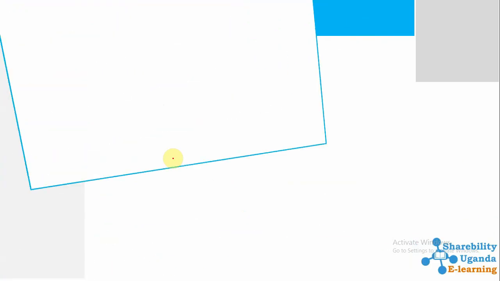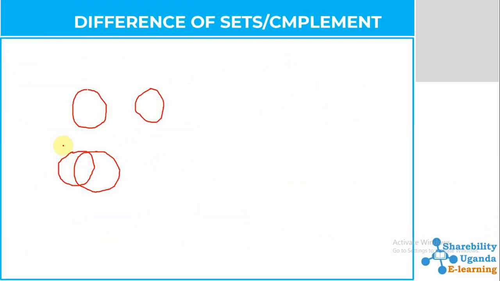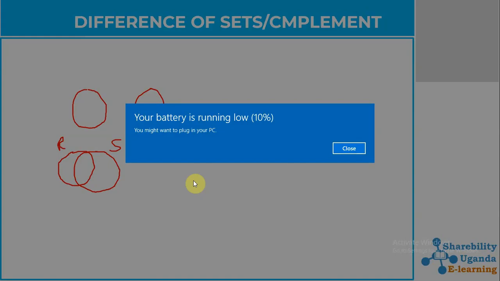Our set R and our set S. This is going to be our R, and this is going to be our S. Now we want to look at the difference of sets, or complements.